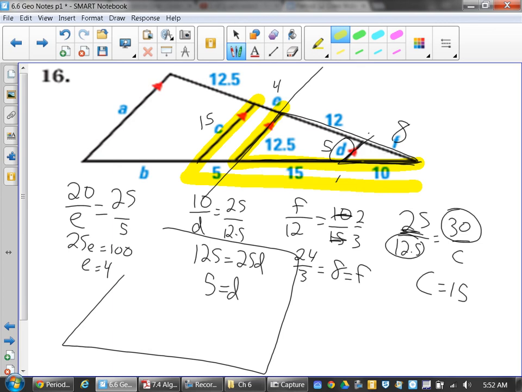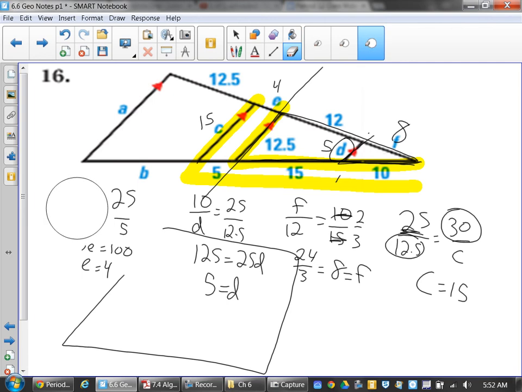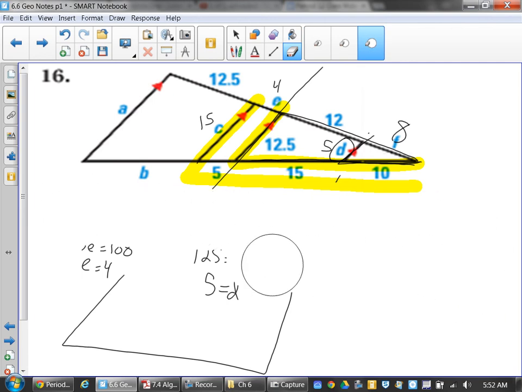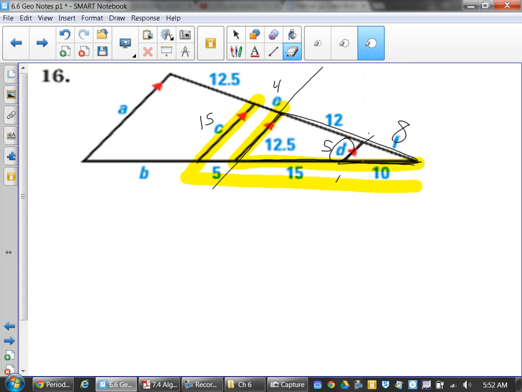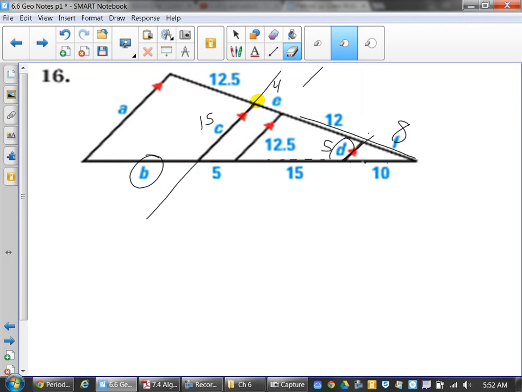And then the last one, to figure out what B is. Made a giant mess here, haven't we? All right, so now to get to B, here's my fraction again.